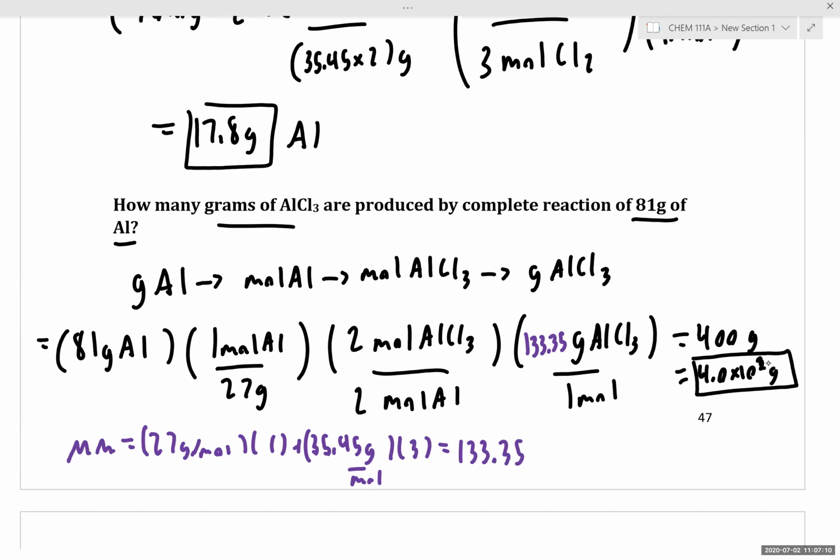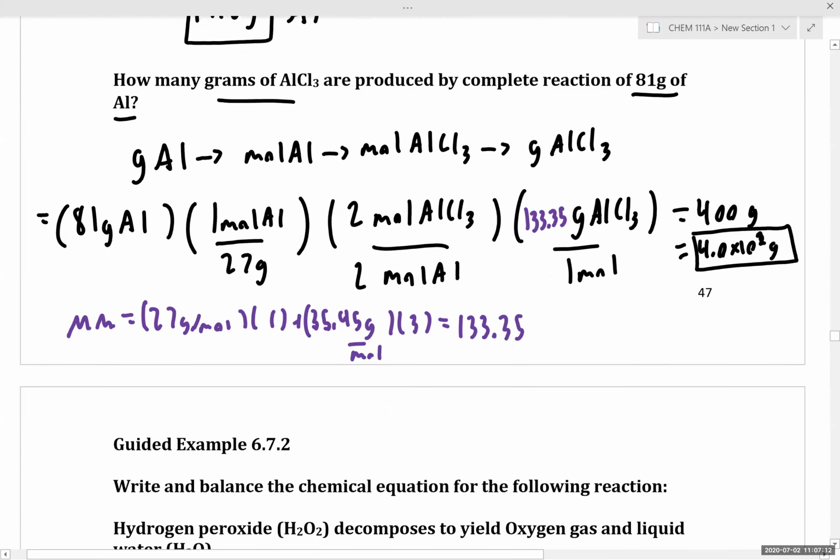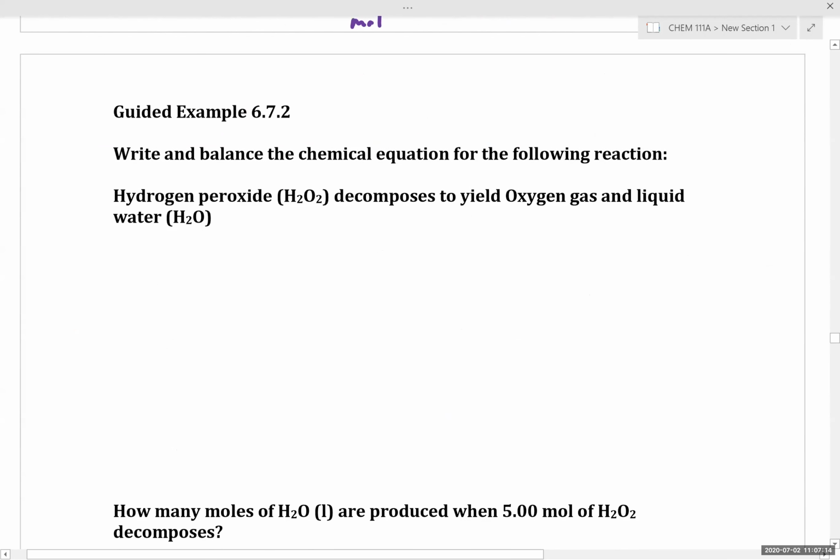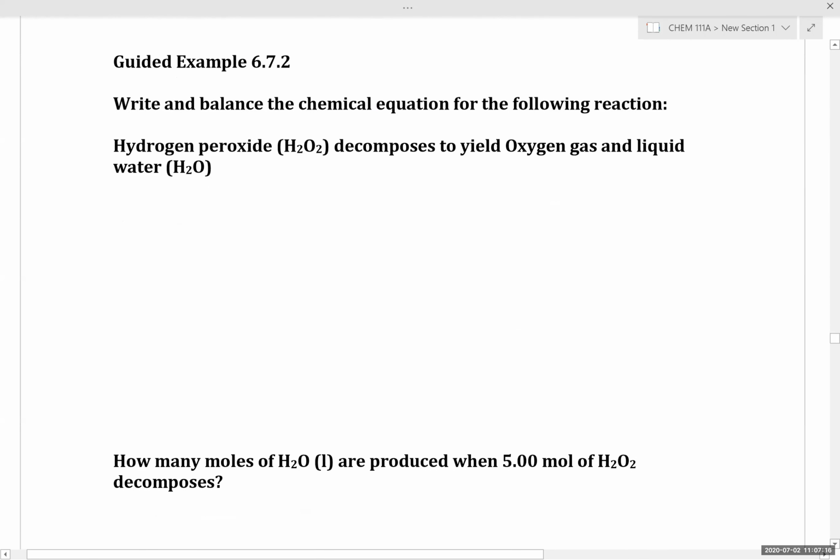Okay, so let's continue on now. Let's look at another example. This time we're asked to perform stoichiometry calculations when we have a word form of our chemical equation. So we're asked to write and balance the chemical equation for the following reaction.